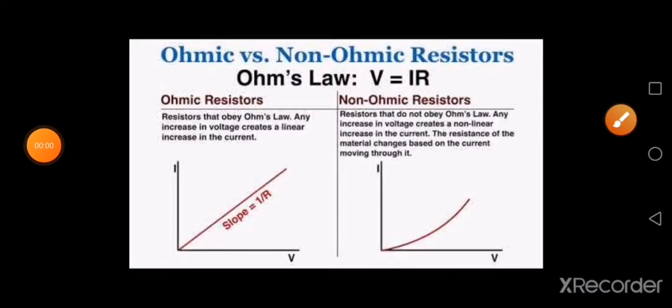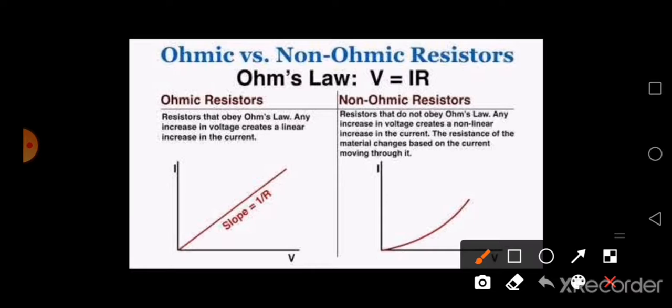Okay. Now we have already seen what is the limitation of Ohm's law, isn't it? I told you Ohm's law will not be obeyed every time, it will be obeyed only at constant temperature. Depending upon that, it is divided into ohmic resistors and non-ohmic resistors. So automatically you can think what it will be, isn't it? The one which obeys Ohm's law you call ohmic resistors, and the one which does not obey Ohm's law you call non-ohmic resistors.